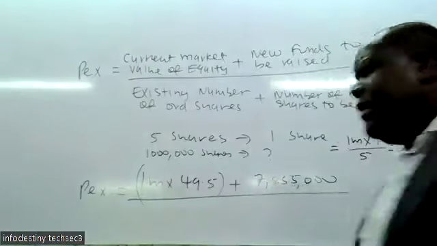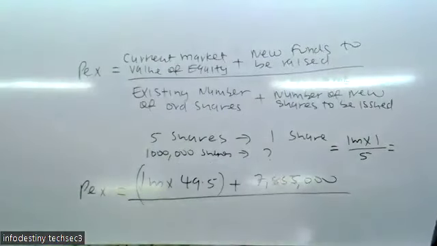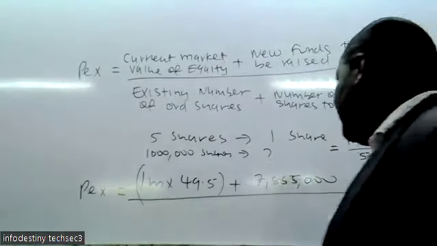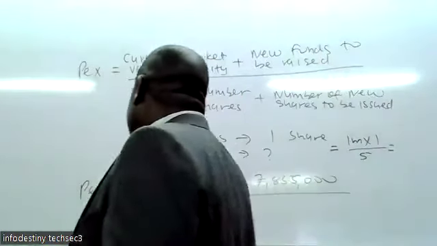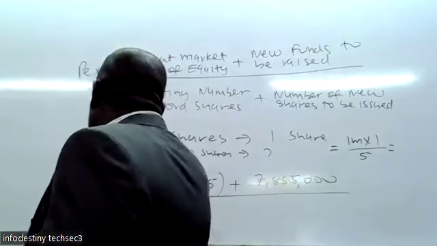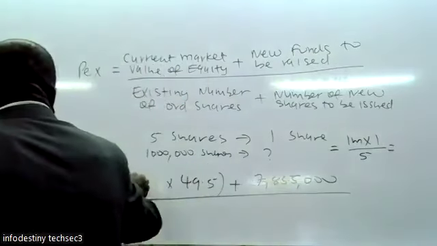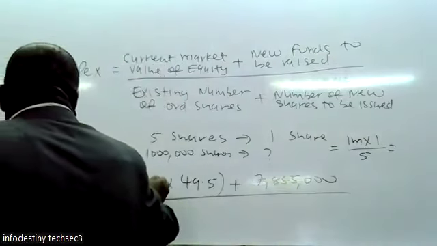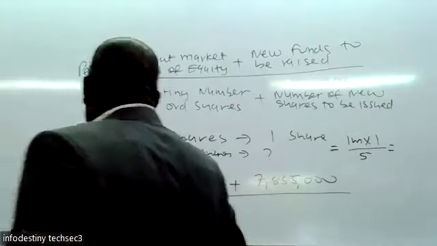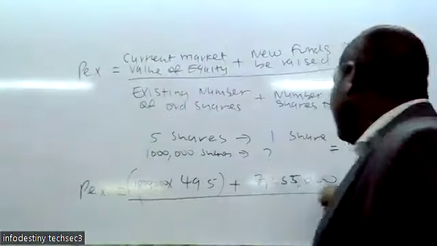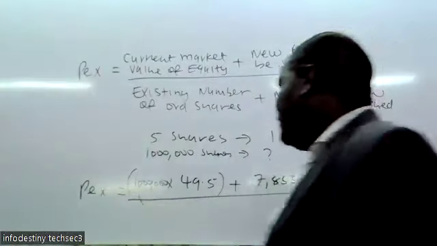Then we divide again by, so I would like to write this figure in full so that it does not confuse you. That 1 million, have it in full, because this one is given in full.